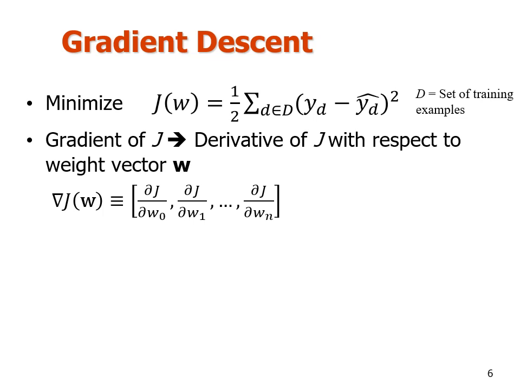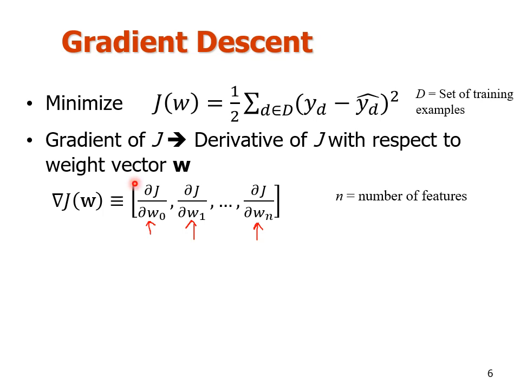So it is a vector comprising the partial derivative of J with respect to w0, the partial derivative of J with respect to w1, and so on up to the partial derivative of J with respect to weight wn. So here n denotes the number of features in our feature vector.